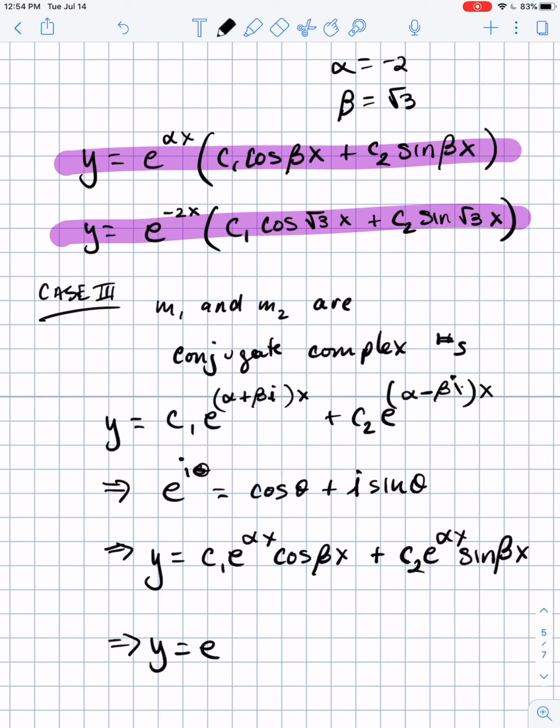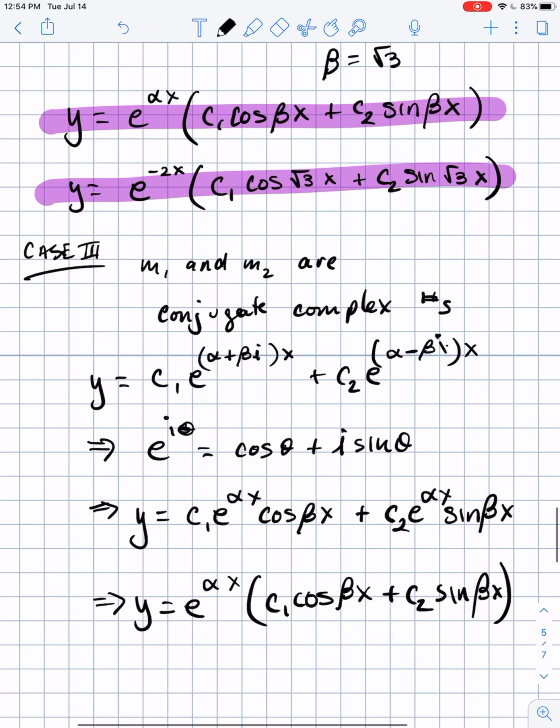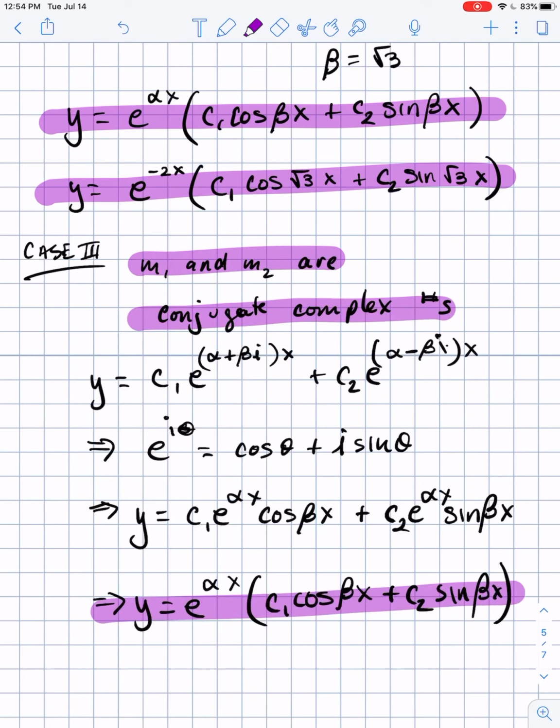If you factor out e to the alpha x, you get c1 cosine beta x plus c2 sine beta x. Now don't do all this work every time, just know if you get complex conjugates, you're just using that notation there.